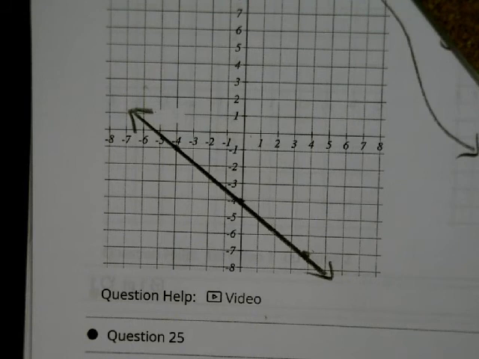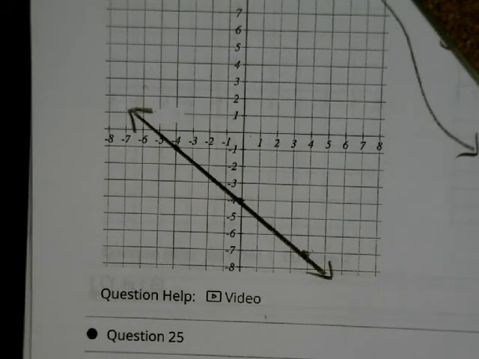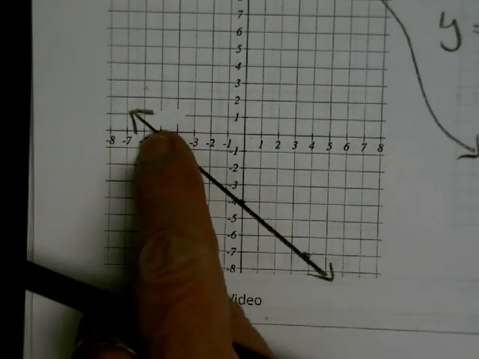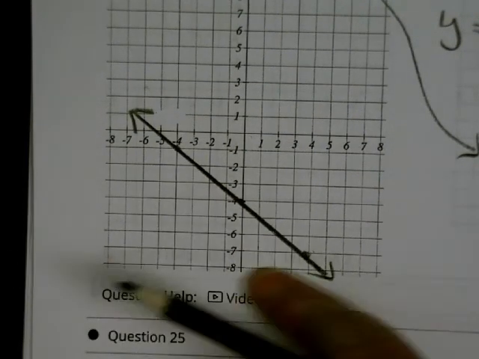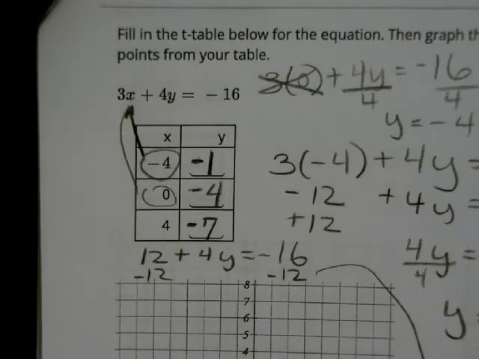I don't know who it was on the paper that you turned in, that graphing last week. Some of you did not draw the lines. If it says graph the line, you gotta draw a line. Otherwise, you don't get credit.